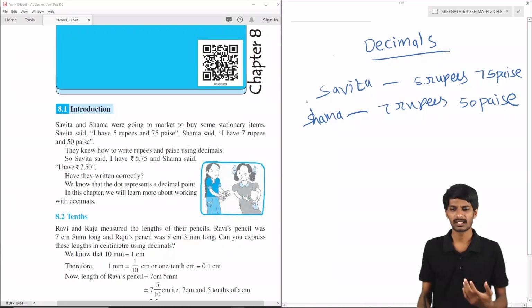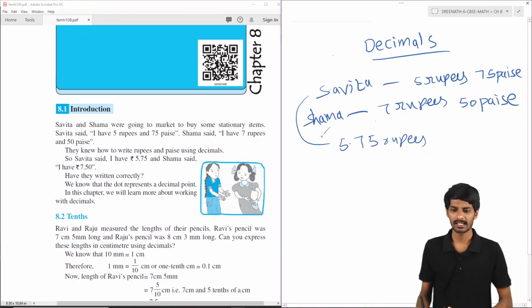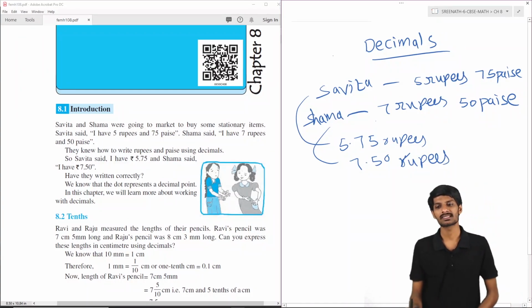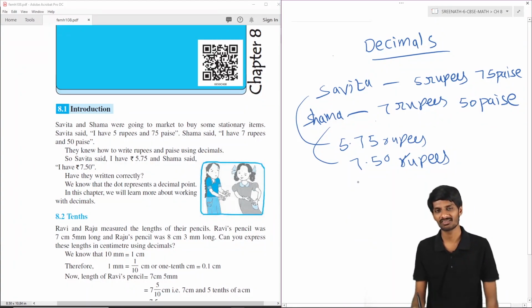Sevita wrote 5.75 rupees, and Shyama wrote 7.50 rupees. If you use decimals, 5 rupees 75 paisa will convert into 5.75 rupees. If you use decimals, 7 rupees 50 paisa will convert into 7.5 rupees.